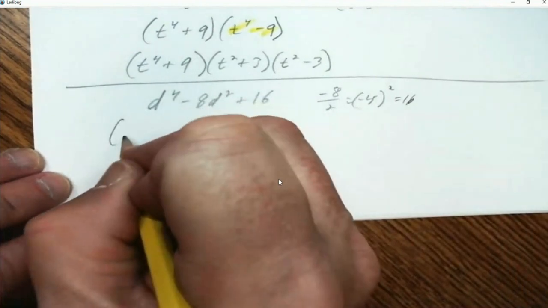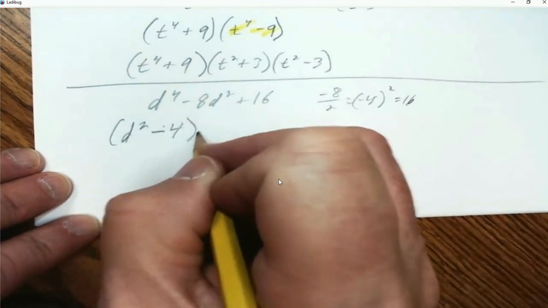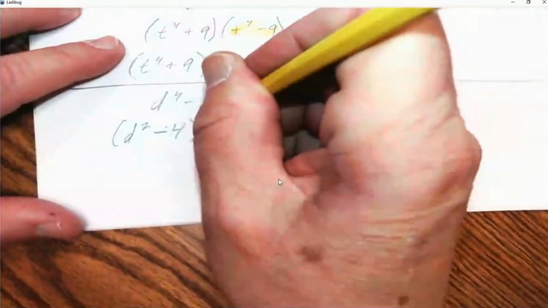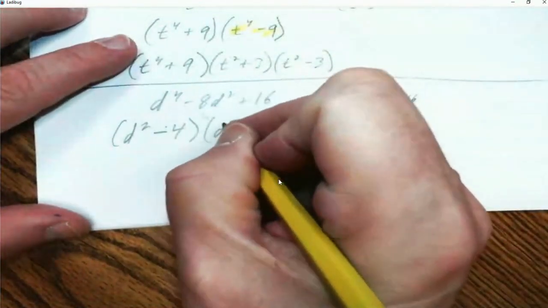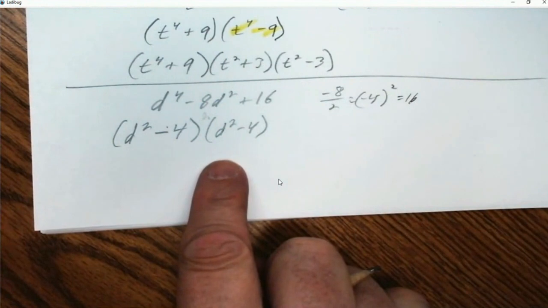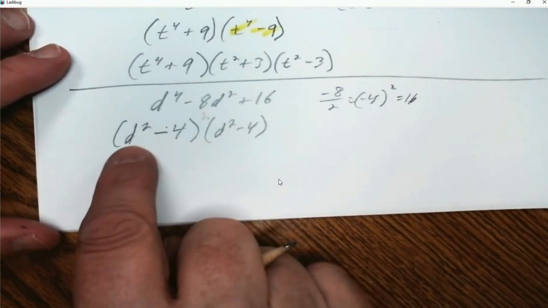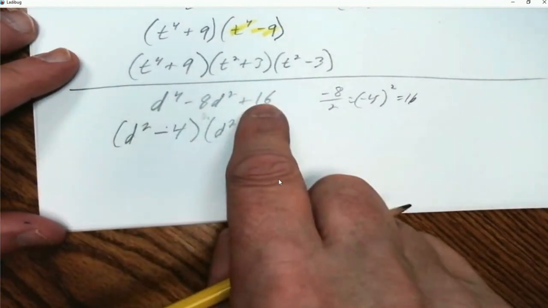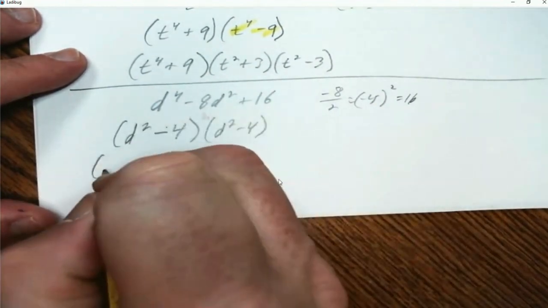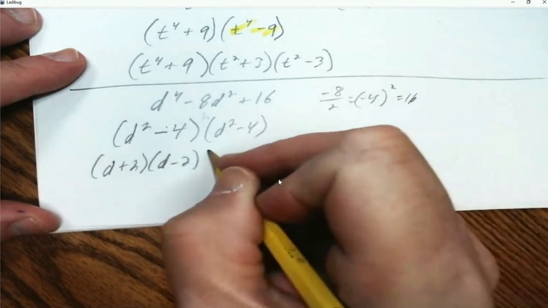So this factors to d squared minus 4 squared, which we can also write as d squared minus 4 times d squared minus 4. But wait, these are difference of squares. This perfect square trinomial factored to 2 difference of squares. So this is d plus 2, d minus 2, and so is this. This is the same thing.